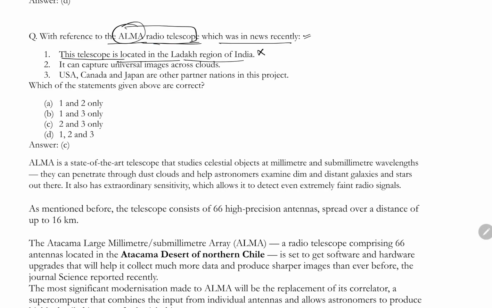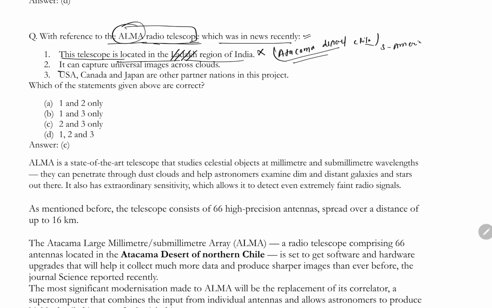This statement is incorrect, because this telescope is not located in Ladakh, but in the Atacama Desert of northern Chile. So this you should know, it is in South America.